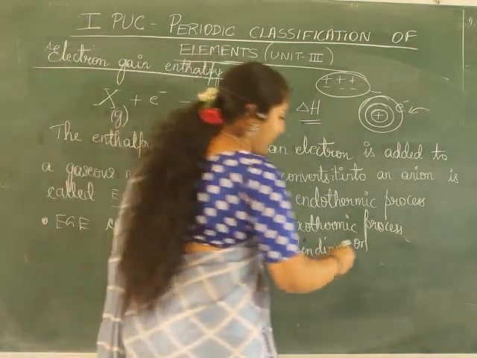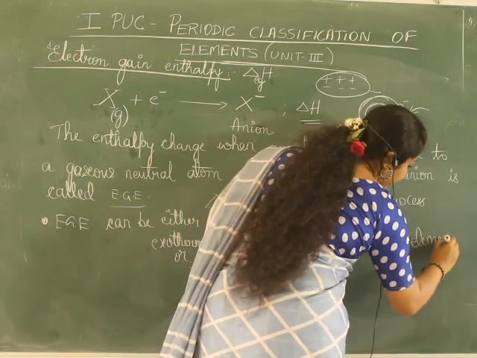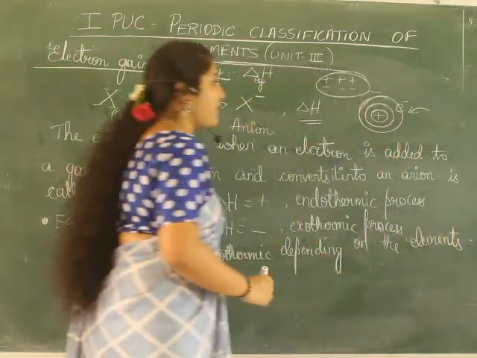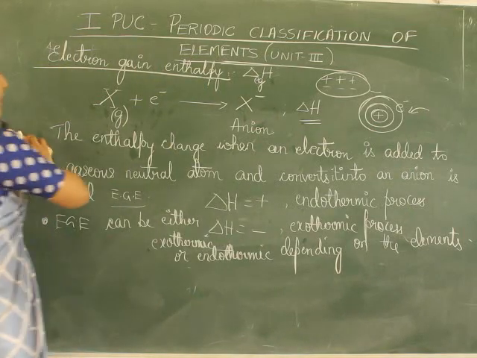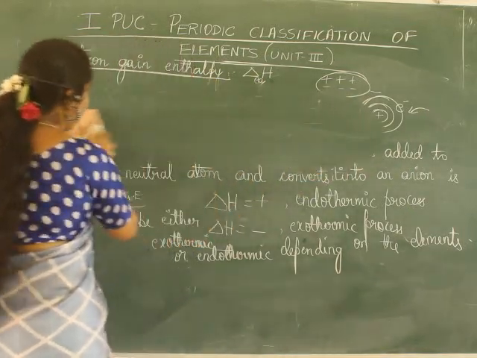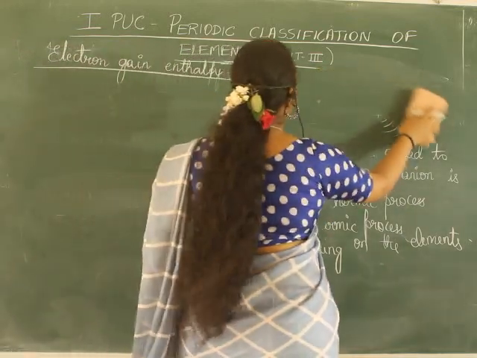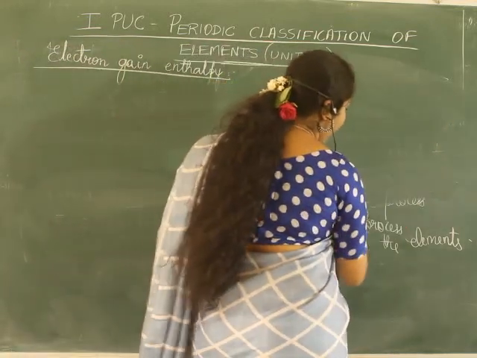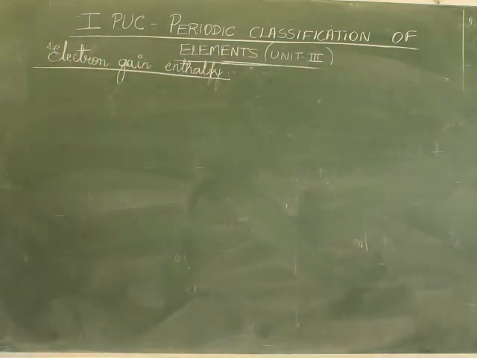Depending on the elements. For example, you know about group 17 elements, isn't it? Which are group 17 elements? Fluorine, chlorine, bromine, iodine. All those are group 17 elements.